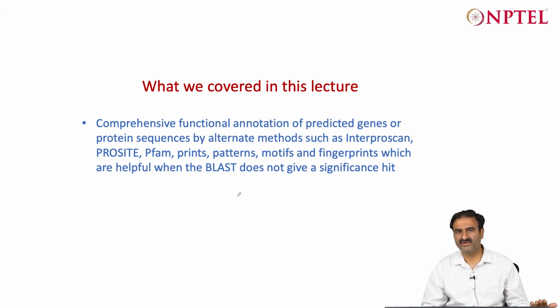Many times KEGG or eggNOGs will also give you a comprehensive picture of what role they are performing and which pathways they belong to, and then it is based on your interpretation. You can find clues about the functional complexity of an organism and some specific proteins, based on their abundance. That is the second level of subjective analysis. So this is good for today, and we'll meet in the next class. Thank you.